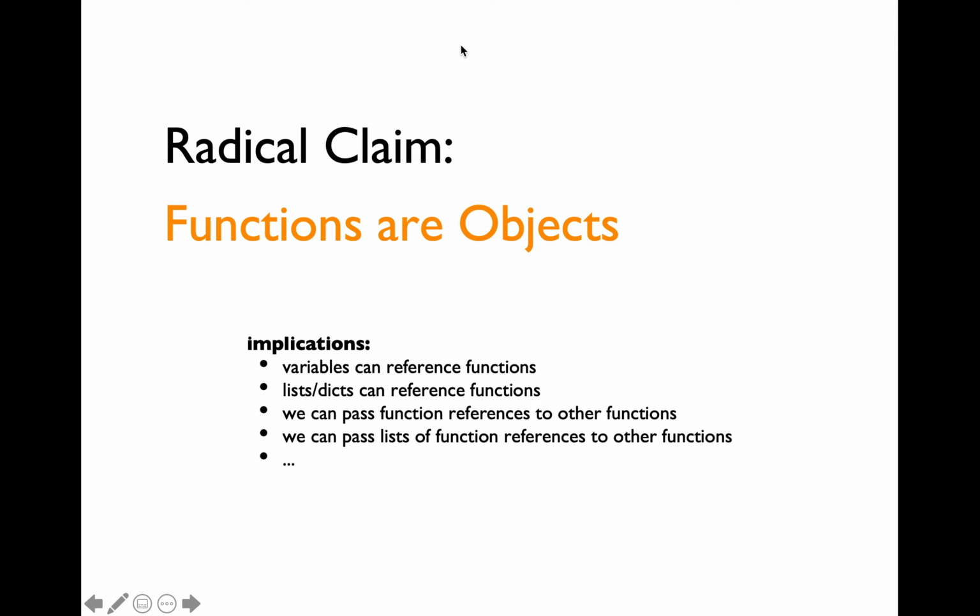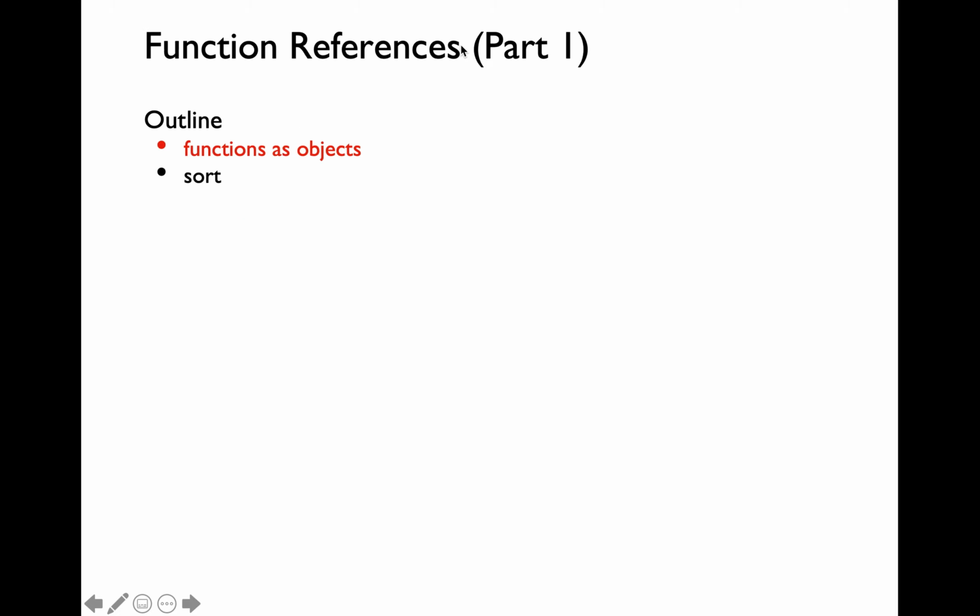Now, parameters can contain references to some other functions. Lists and dictionaries also contain references to objects, hence they can also now contain references to functions. All sorts of such crazy combinations are possible because of the fact that functions are objects.